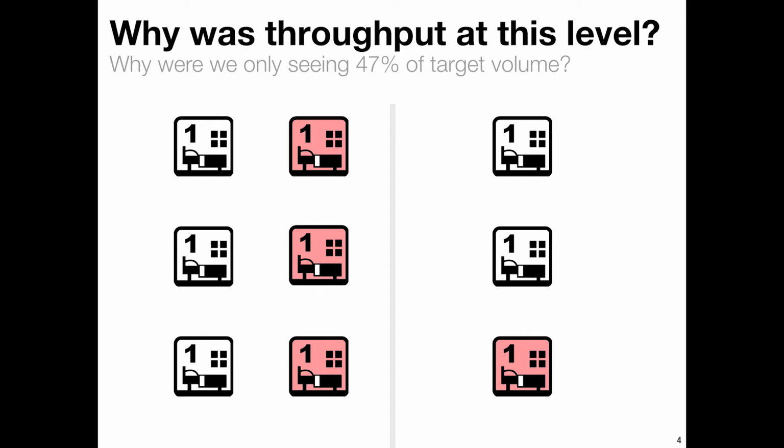So when we did this observation, what we were actually seeing was that observation was not full. So at any given time, if you looked into the bed situation, this is what we're seeing. Red represents a full bed.